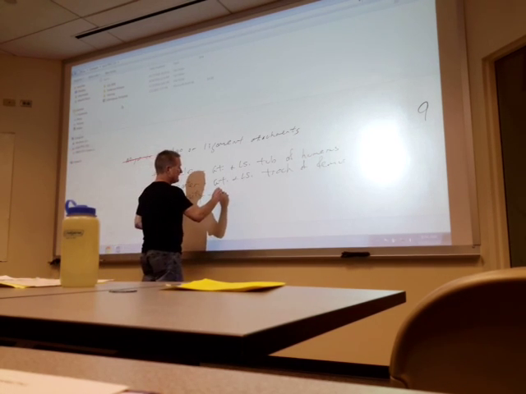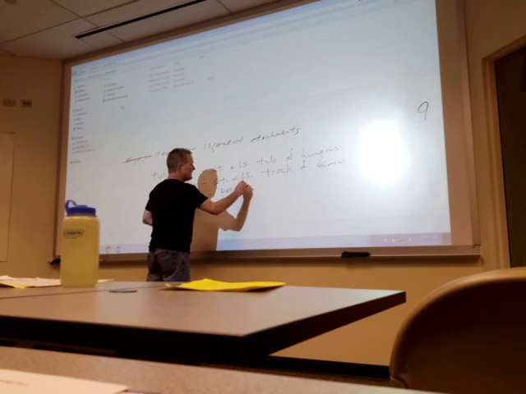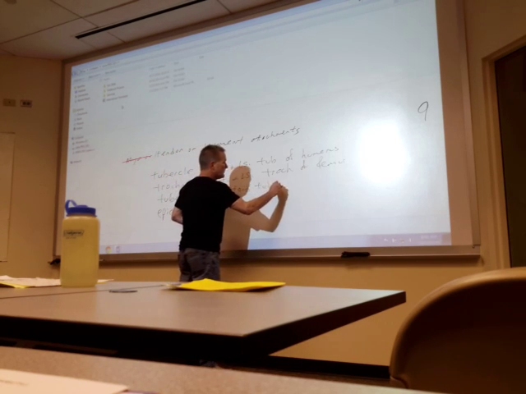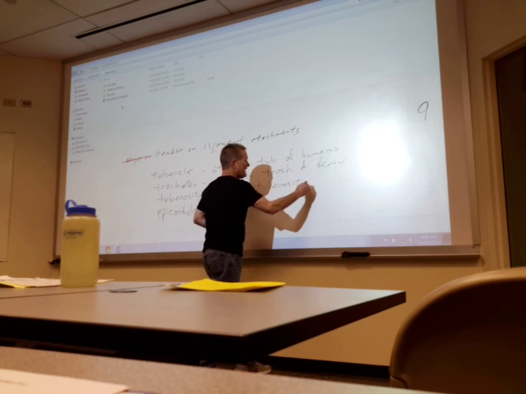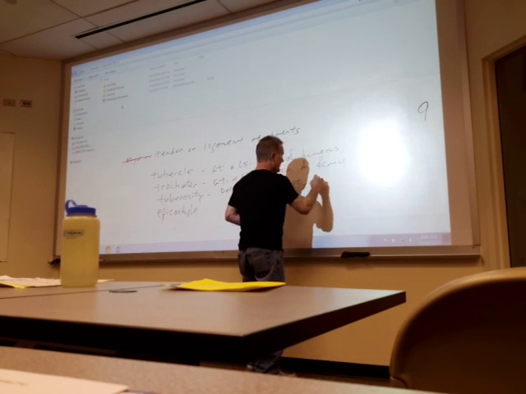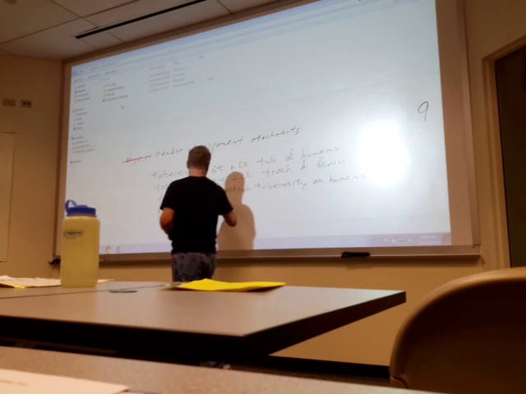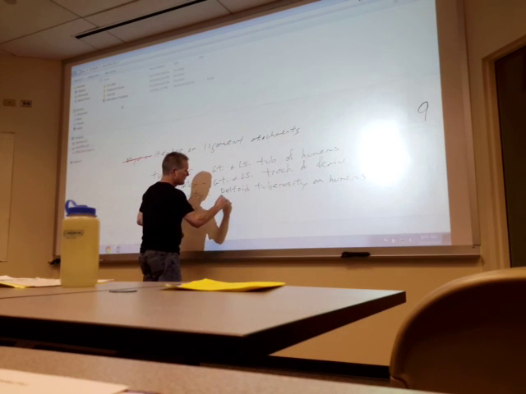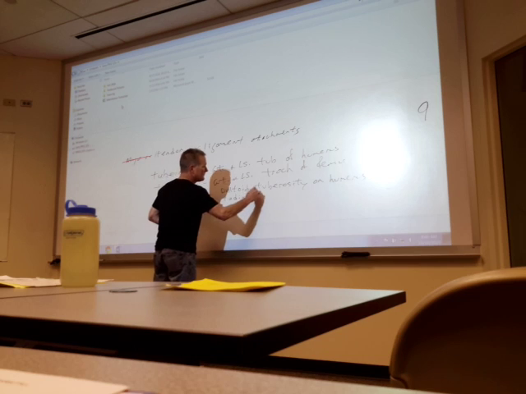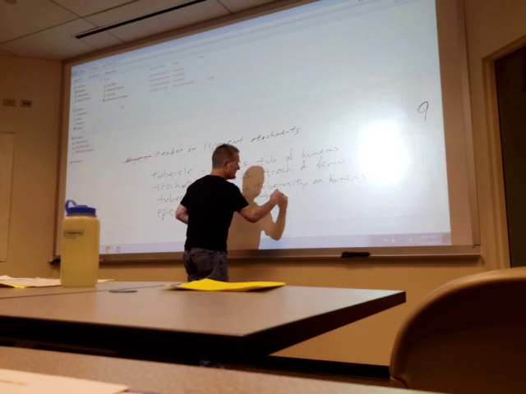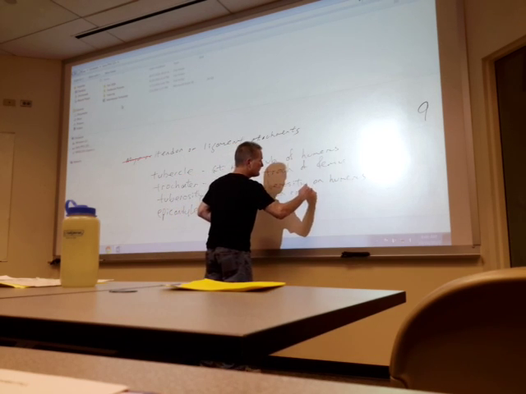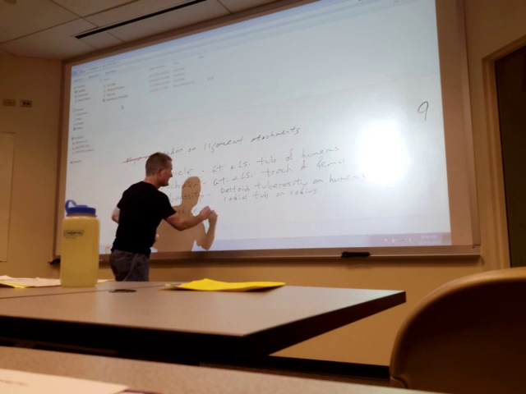Tuberosities, well, you've got a deltoid tuberosity on the humerus. You've got a radial tuberosity on the radius.